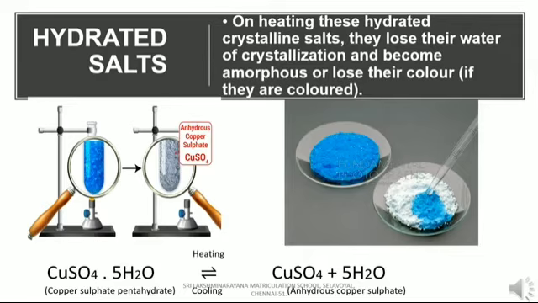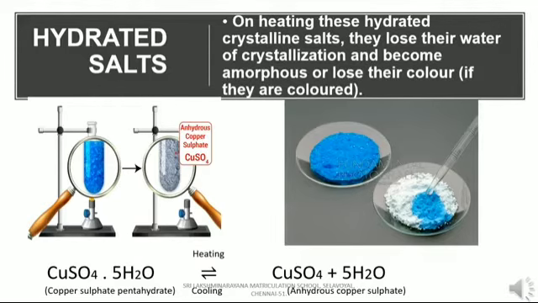CuSO4·5H2O gives CuSO4 plus 5H2O: copper sulfate pentahydrate after heating gives anhydrous copper sulfate plus water vapor. So the blue color changes to colorless.